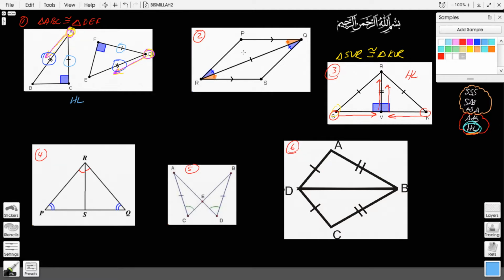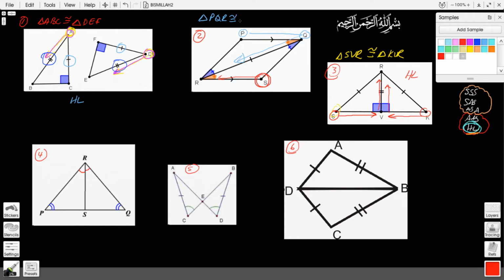Now here we have two triangles as you can see, and we are going to prove that triangle, now you have to be careful, triangle PQR is going to be congruent. Now look at this. I'm going to start from this side, P, and then I went to Q, and then I went to R. So if I were to figure out how to label this, I start from here, S, and then I went to this orange side, and go this way.